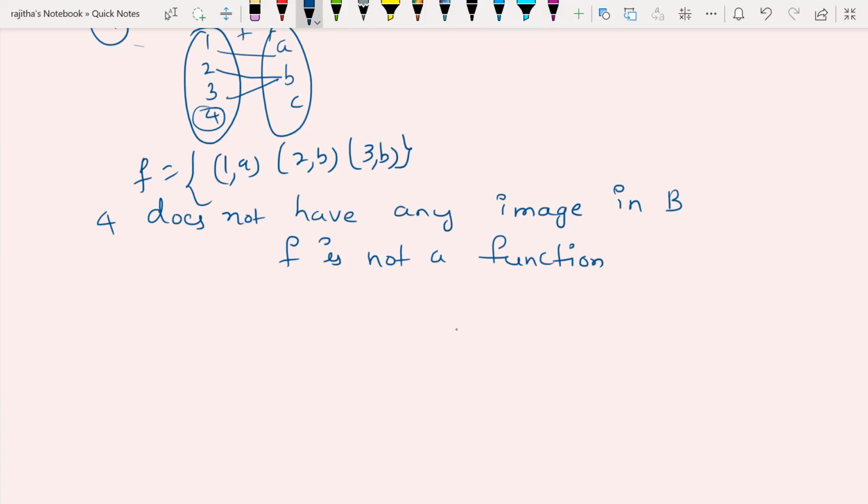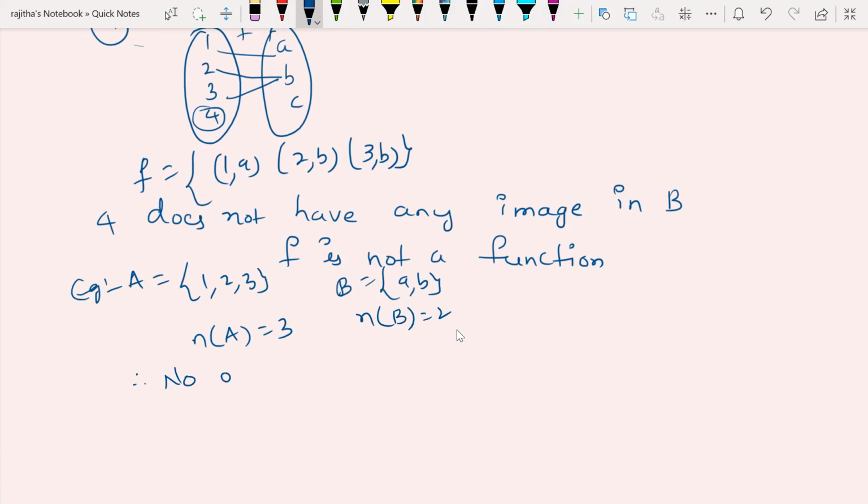One of the important points I'm discussing here is this: A = {1, 2, 3}, for example, and B = {a, b}. Here n(A) = 3 and n(B) = 2.